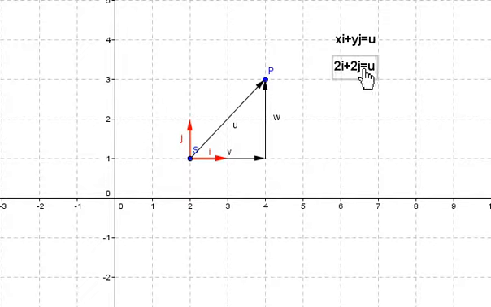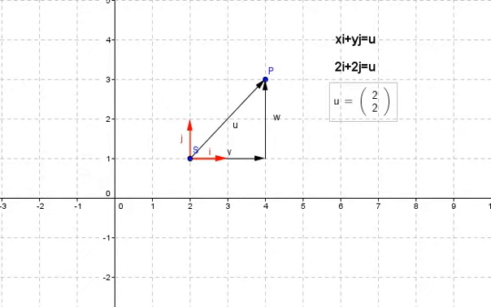So numbers x and y are 2 and 2, and we can write vector u as a column vector of components 2, 2.